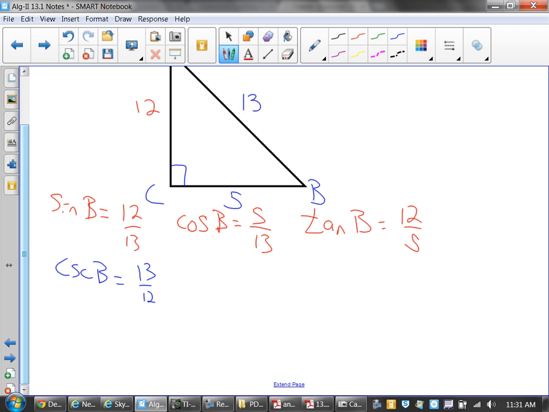Secant, 13 over 5. And then cotangent. Again, what we're looking at here, guys, is a lot of review. Lots and lots of review. So let's take it a step further.